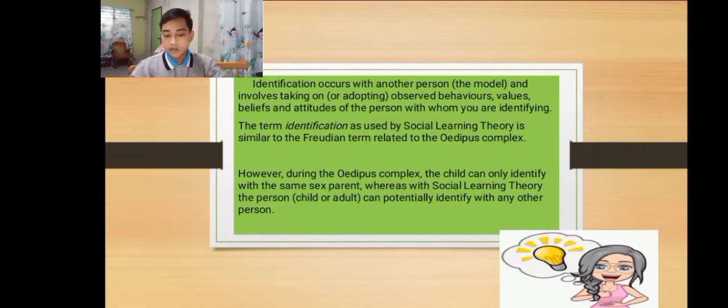Whereas, with social learning theory, the person, child or adult, can potentially identify with any other person. So, not din sila gyapon kalahian. Ay ang Oedipus complex, kanang ang isa ka bata maka-identify ra sa yang same-sex parents or yang family. Then ang social learning theory, the person kay maka-identify og bisag kinsa nga tawo. So mo to ilang kalahian.